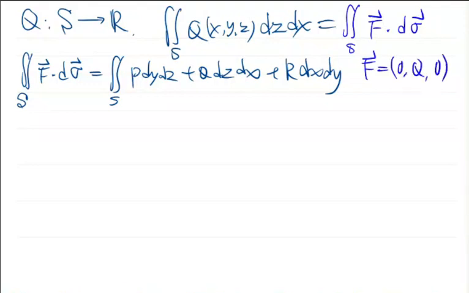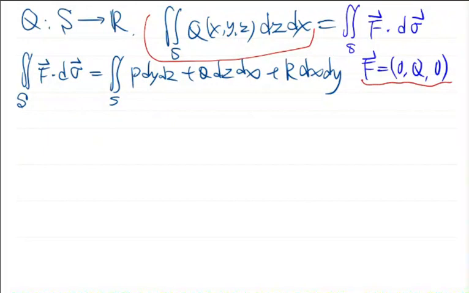Only the second component, corresponding to dz dx, that is Q. So integrals of this form are simply flux integrals of such a vector valued function.